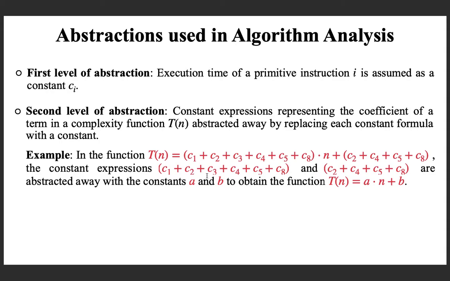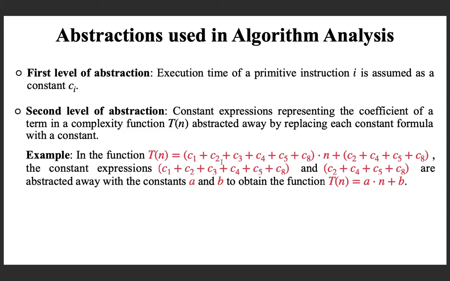And here we saw that we abstracted away this constant, which is a sum of many constants, with another constant a. So rather than this summation multiplied by n, the summation is replaced with another constant a, and this summation is represented with yet another constant. So see that now there are two levels of abstraction. One is abstracting away the actual time requirement for executing a statement.